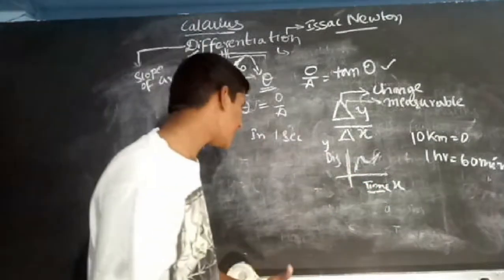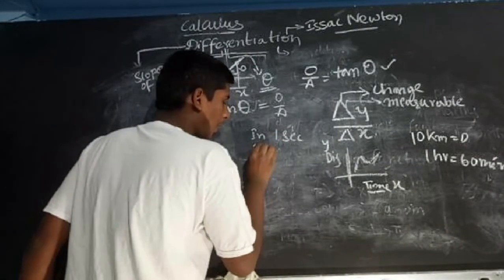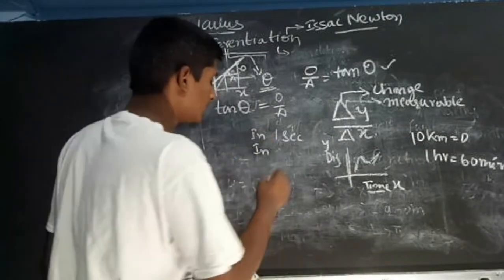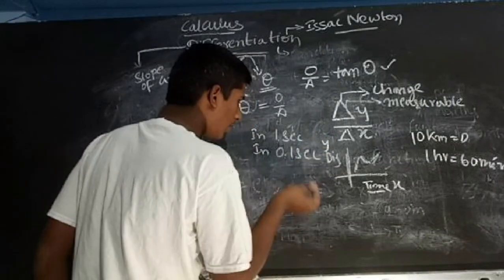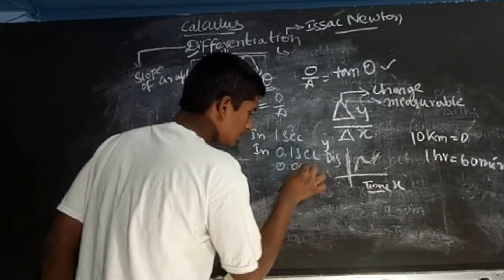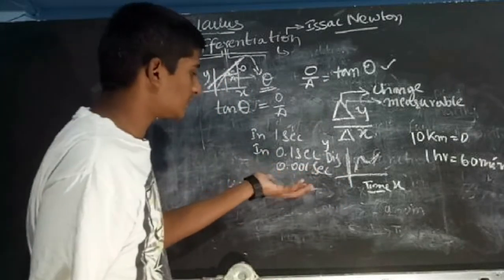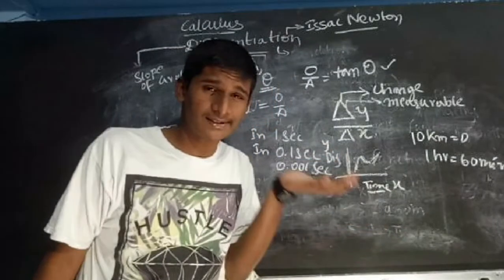Or they will ask like this also: in a time interval of 0.1 seconds or 0.001 seconds, how much distance is covered.